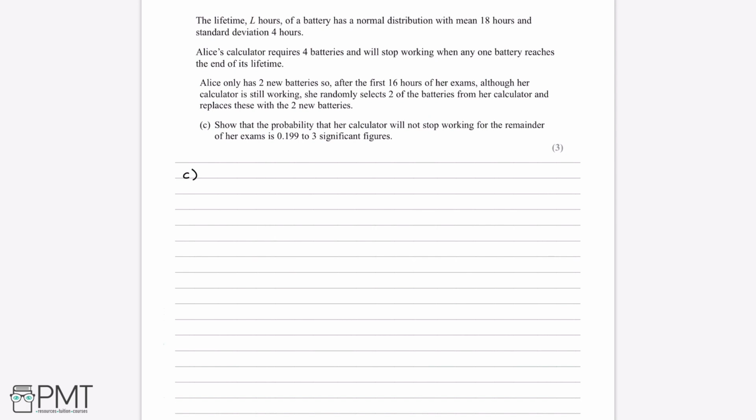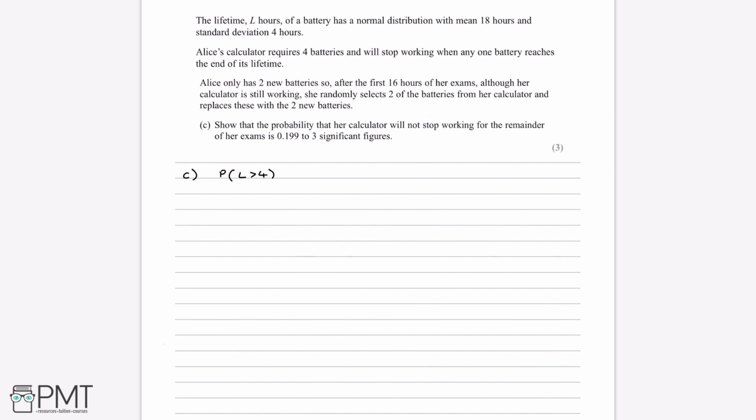So if we start off with the 2 new batteries, these batteries only need to work for 4 hours to keep the calculator going, which is different to the others, which need to have lasted 20 hours in total. So if these batteries need to last 4 hours each, the probability of that is the probability of their lifetime being greater than 4, because that's all we need for Alice to finish her exams, that they last more than 4 hours.